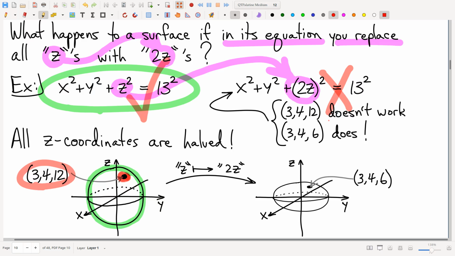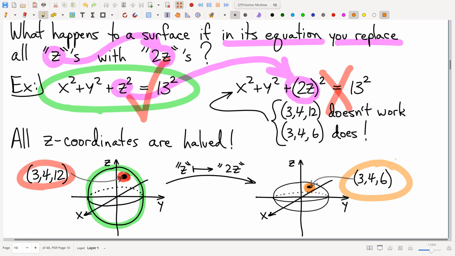In fact, here the equation just straight up doesn't work. The problem was that the z-coordinate got multiplied by 2, and therefore I wasn't squaring 12. I was squaring the wrong thing. So the big slick observation is that you can anticipate that and just look at (3, 4, 6).